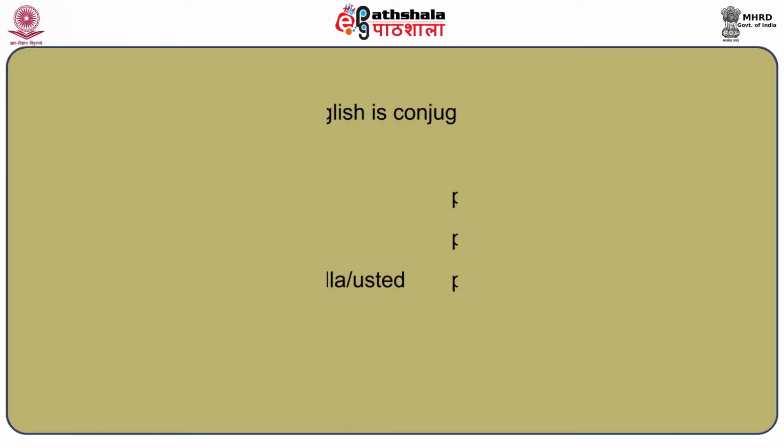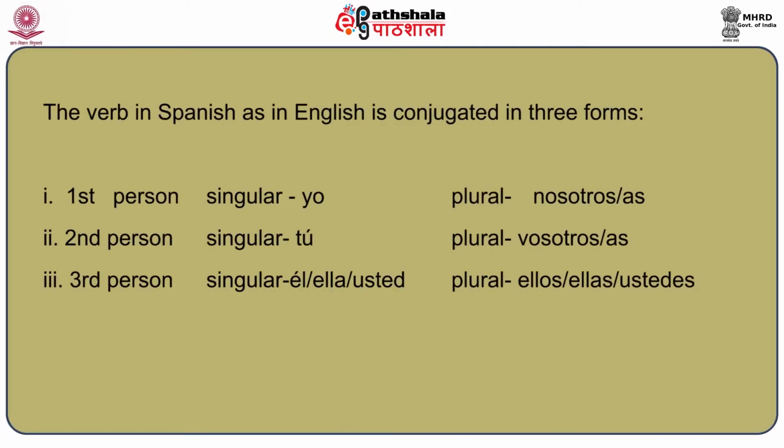Now the verb in Spanish, as in English, is conjugated in three persons. That is first person singular, which will be I, and first person plural, which will be we. In the same way, second person singular, which will be you, and second person plural, which will be you all.